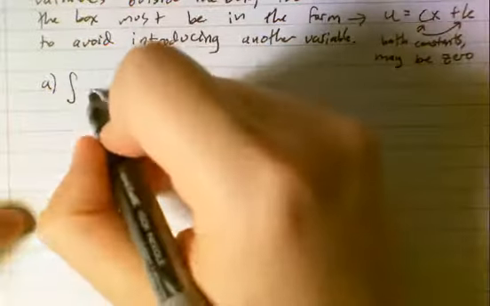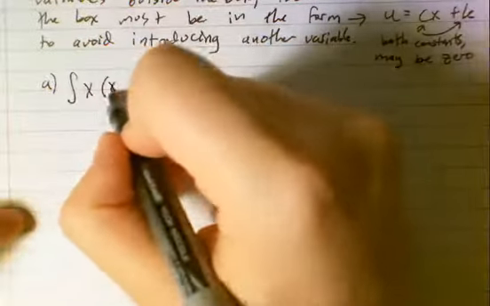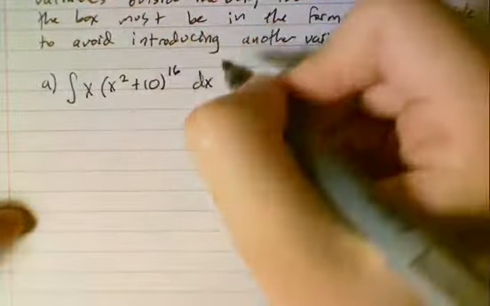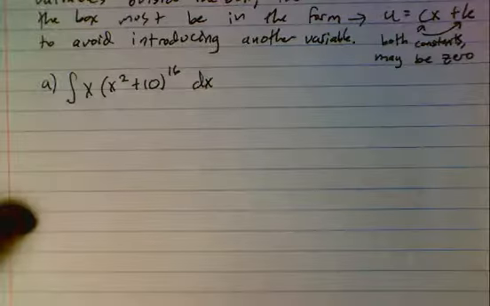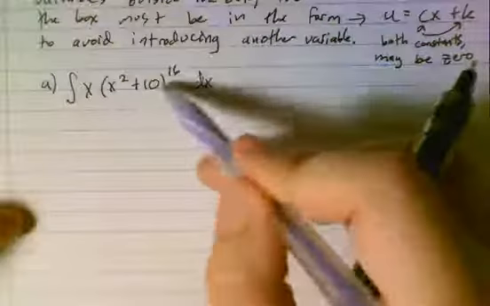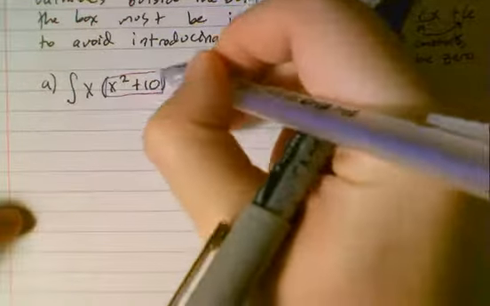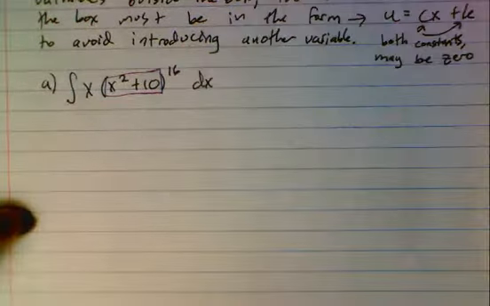Start off with the antiderivative of x times (x squared plus 10) to the 16th dx. Now we can't expand this out very easily because of that 16th power. So now let's look for u substitution. Here we have powers, so this would be a good candidate for our box.